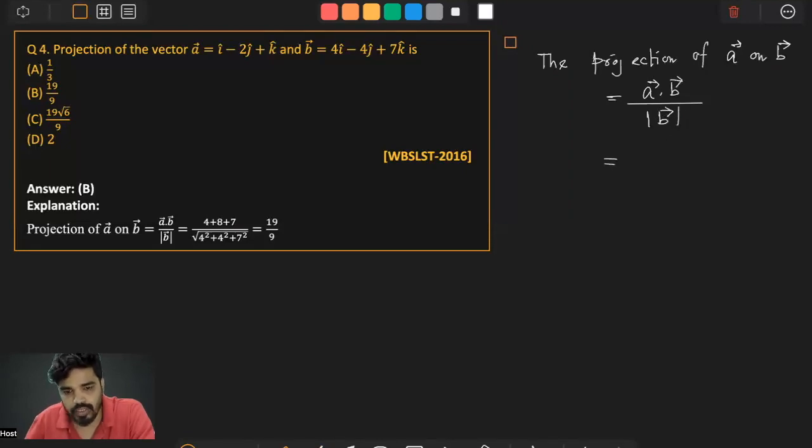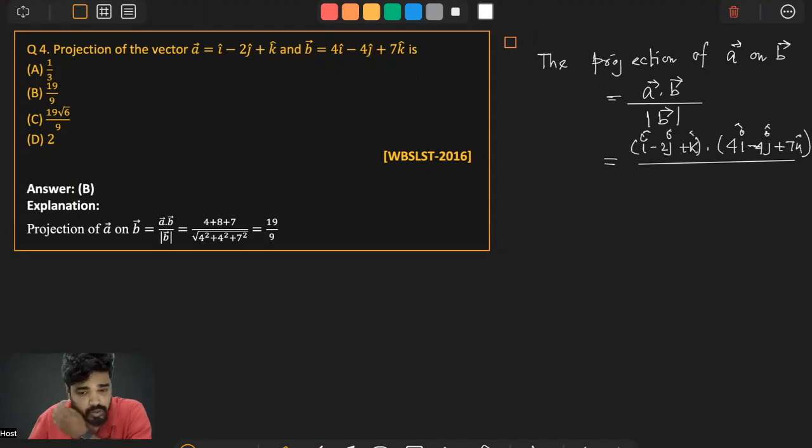So what is A? A is given i minus 2j plus k, and B is 4i minus 4j plus 7k, divided by modulus B. What is modulus B? That is root over 4 square plus minus 4 square plus 7 square.